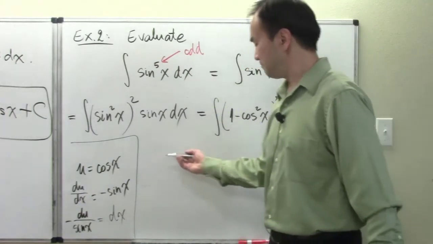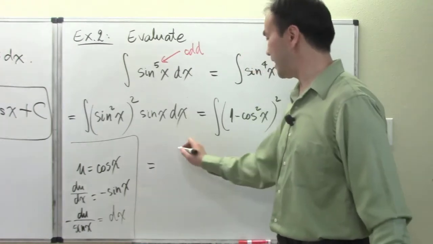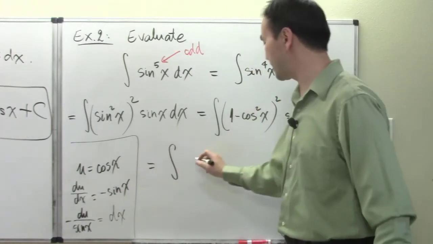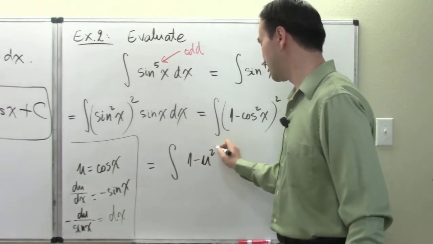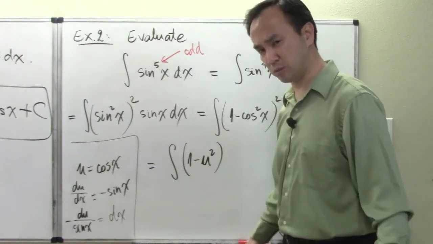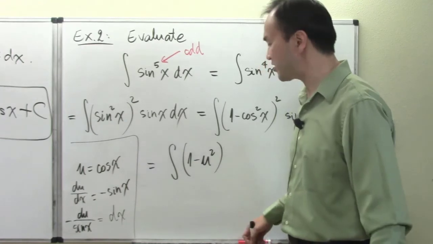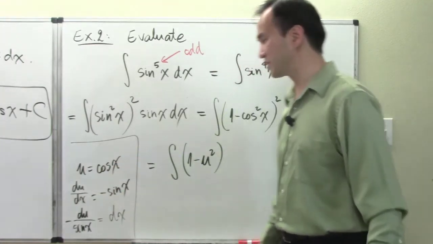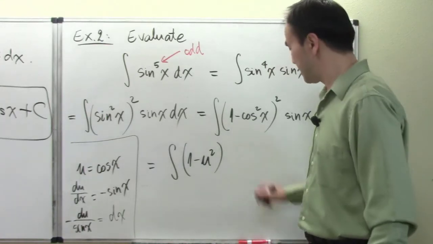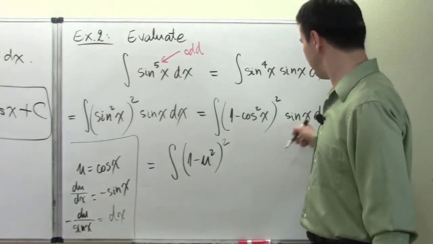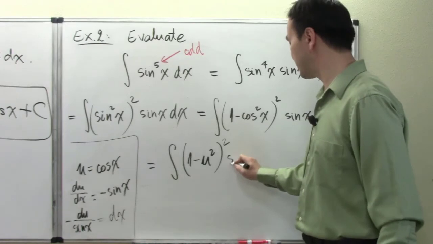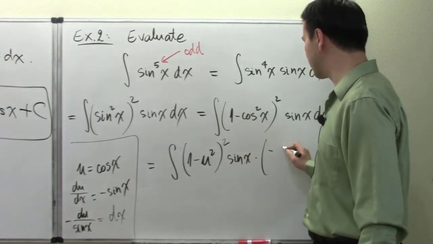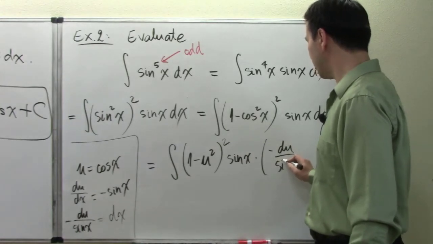So by doing that, my integral becomes, inside the square here, 1 over u squared. Yes, it takes me some explanation, because I have to also remind people what we do if we substitute. And then for all of that dx here, we have sine of x times dx, substituted by minus du over sine of x.